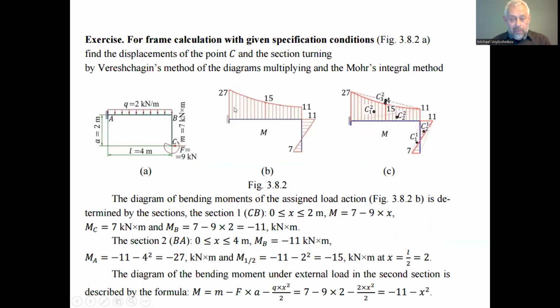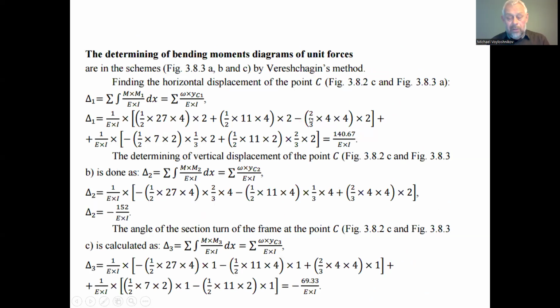We decompose this one big bending moment diagram into 3 segments. One is a triangle with the base 11, another is a triangle with base 27, and the segment of the parabolic diagram with the maximal height of 4. So the area of this parabolic segment is 2/3 multiplied by 4, the height of the parabolic segment, and multiplied by 4, the length of the parabolic segment along the element AB of the mechanical system.